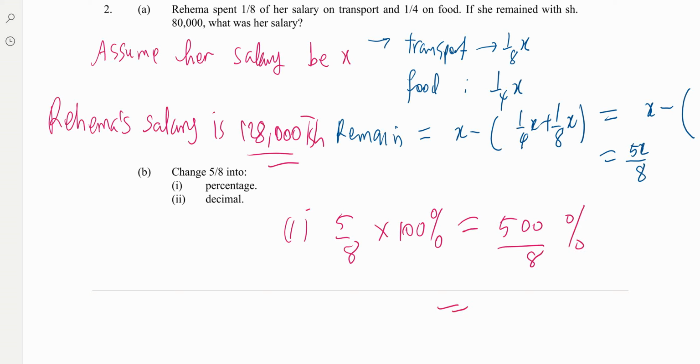Dividing by 8: 50 divided by 8 is 6, 48, remainder 2, 20 divided by 8 is 2, 16, then you have 40 divided by 8, you get 5. So we can say that 5/8 is equal to 62.5%, dear students.